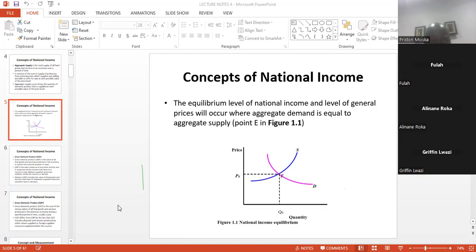So we'll discuss more on inflation. There are various types of inflation. The most important one is demand pull, which is aggregate demand being more than aggregate supply. But we also have inflation which is due to cost of production increasing.